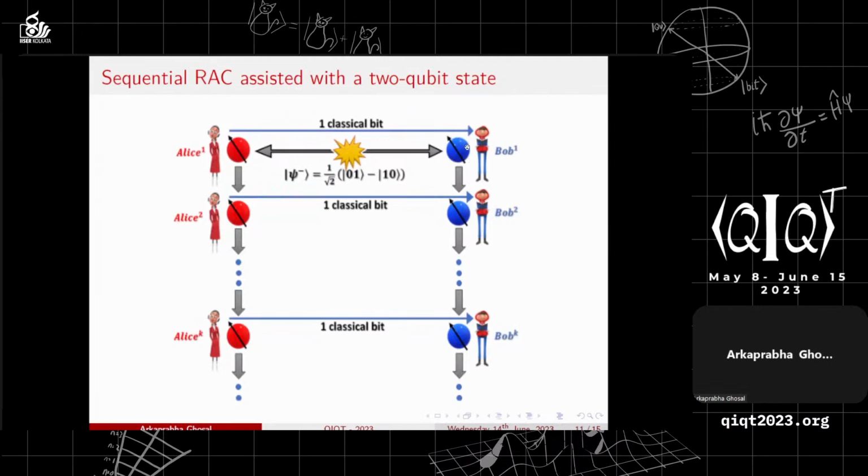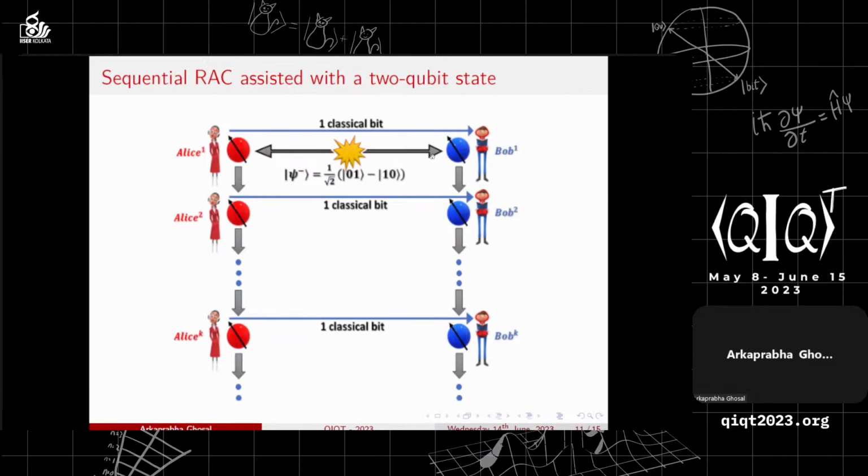This POVM operation will not reduce the quantum correlation shared in the singlet state. But if you measure in a projective measurement, then the state will exactly collapse and entanglement is lost. But we will show here that entanglement is not necessary at all in view of this particular figure of merit.